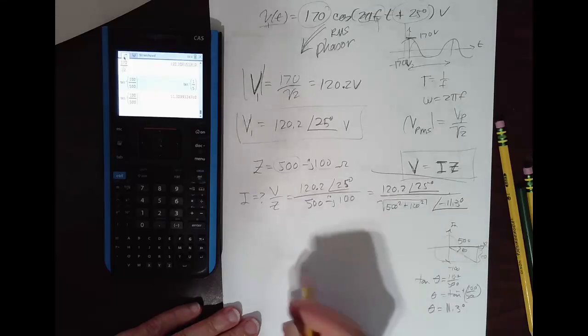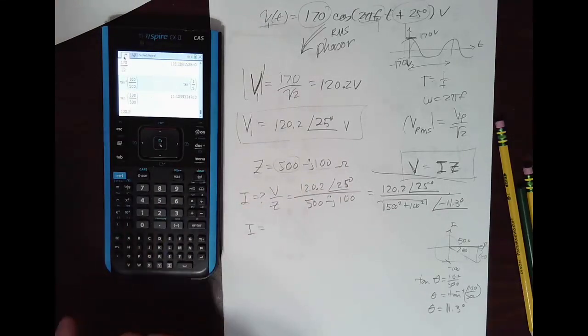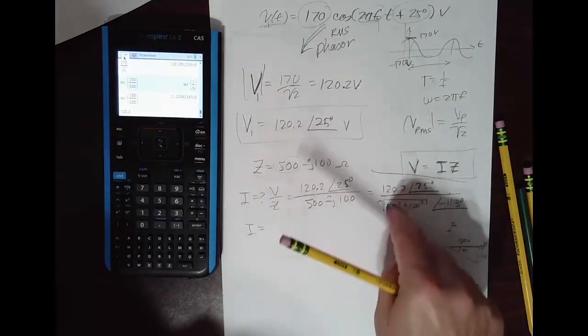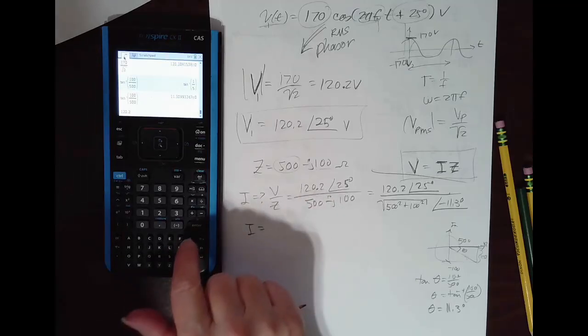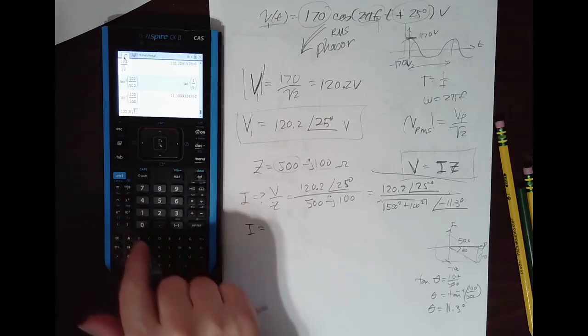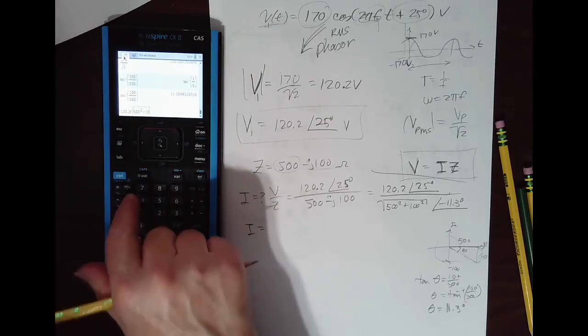Okay, I like it. And so I can get my I then without a calculator, with a dumb calculator that doesn't do polar to rectangular. Magnitude divided by magnitude, so 120.2 divided by the square root of 500 squared plus 100 squared.